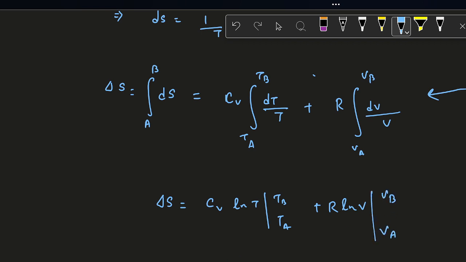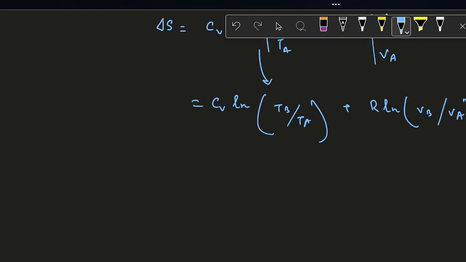VA to VB. So by simplifying this further, you get CV ln TB by TA, because ln A minus ln B will become ln A by B. So that's what I have done here. And the second term is the same, it is ln of VB by VA.